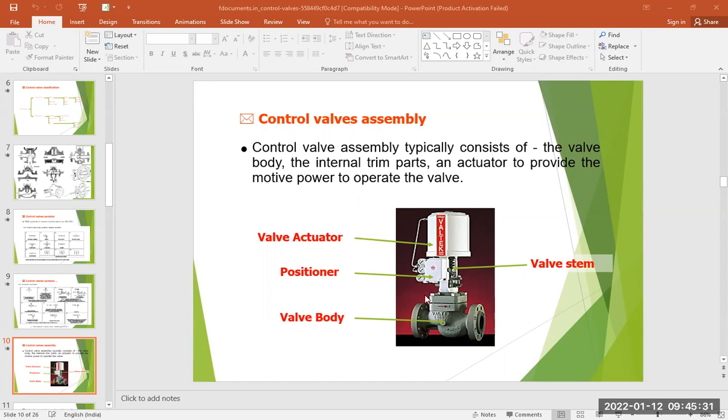So these are the basic application areas of the valve actuator, including robot arm systems.